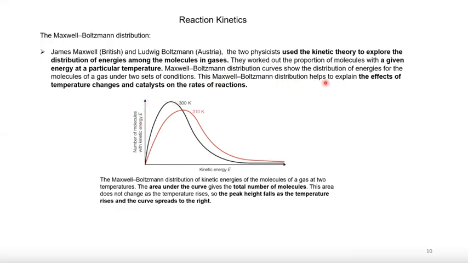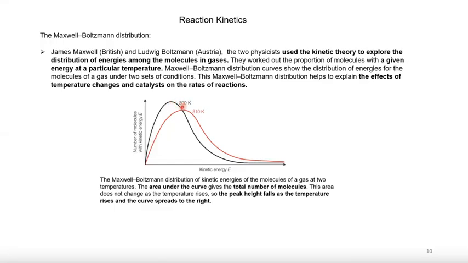The Maxwell-Boltzmann distribution helps to explain the effects of temperature changes and catalyst on the rates of reaction. That's what we have been talking about. And this shows the kinetic energy and the number of molecules with kinetic energy E. We draw it at certain temperatures.